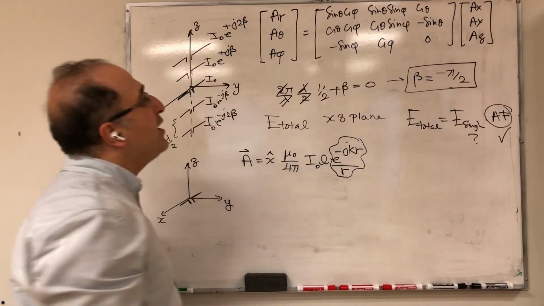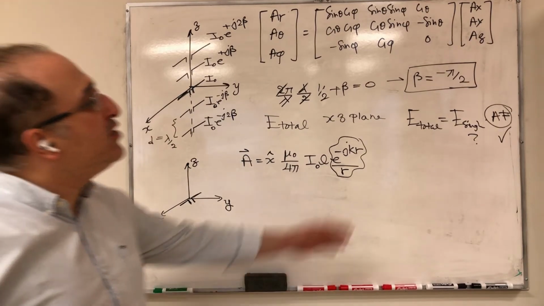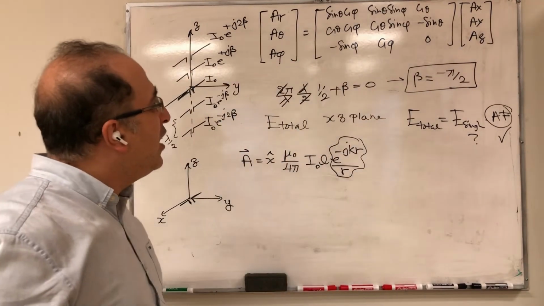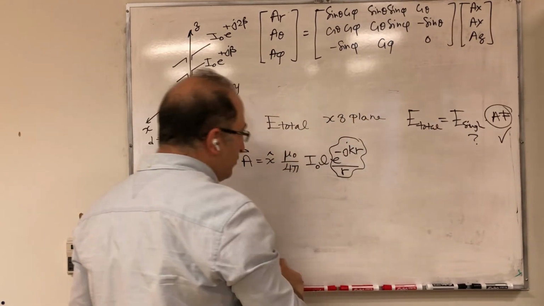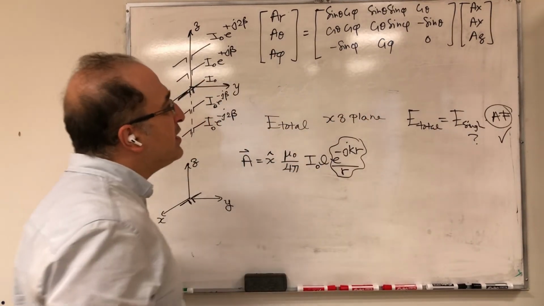So this is my Cartesian on this side, spherical on the other side, and I can remove this. Keep in mind that beta was minus 90.